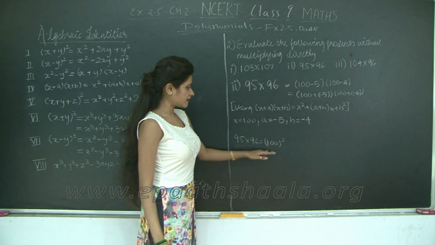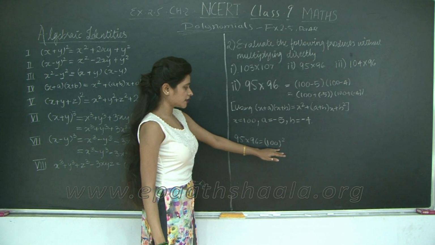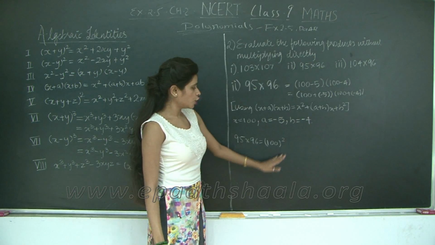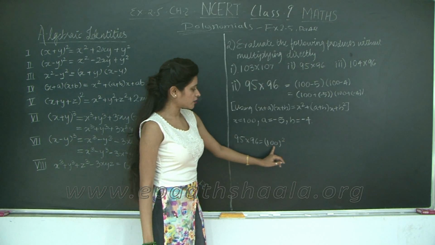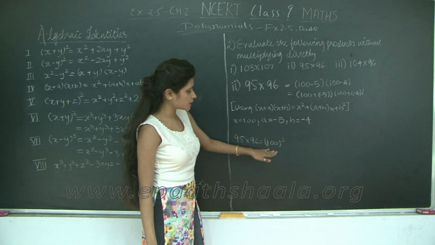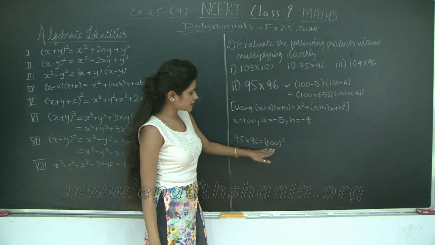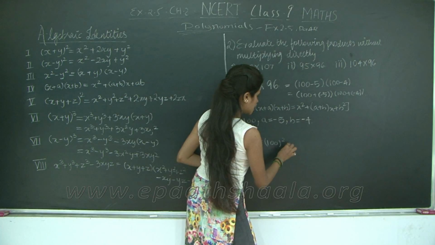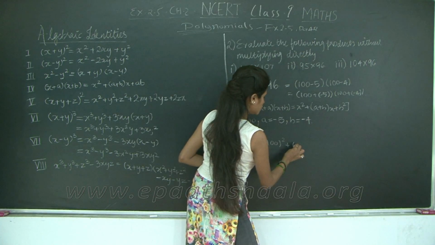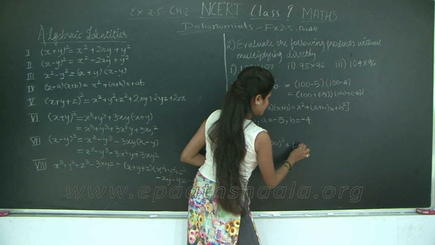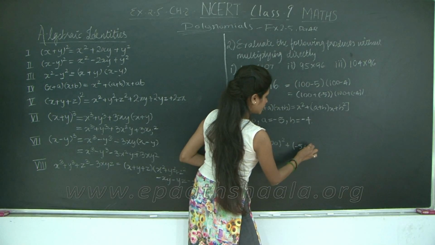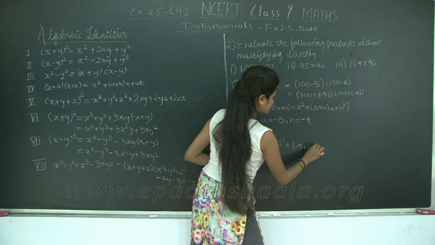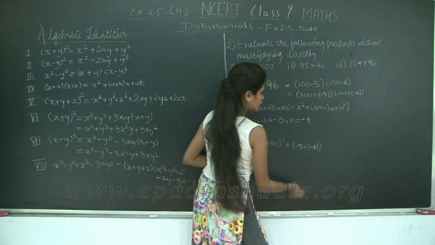Always make it a good practice whenever you are raising any number or any variable to some exponent, you put that term in the bracket, right? The entire term into bracket, which means that it is 100 the whole square, okay? Plus my a is minus 5, so minus 5 plus of minus 4, right, into x.